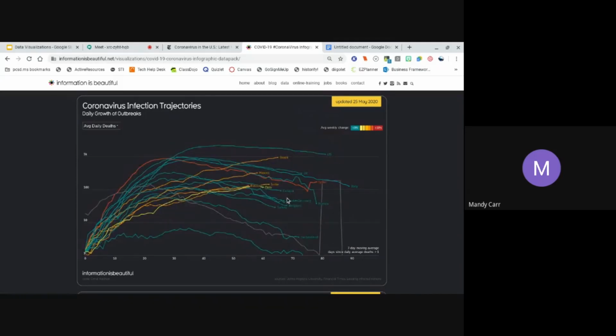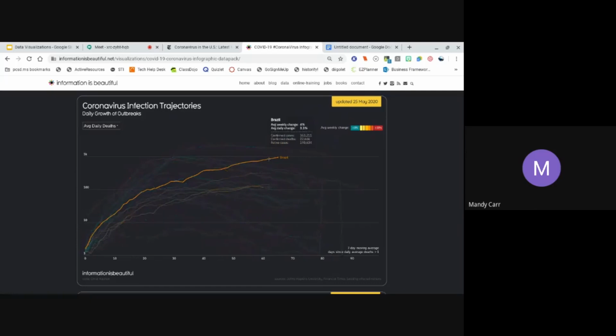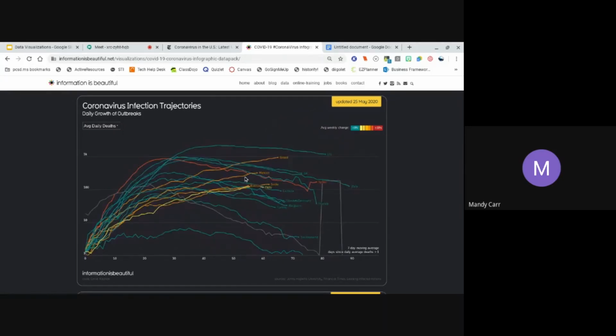But we do have a few countries that are still showing increases, such as Brazil. Let's see here. There's Spain. Mexico.